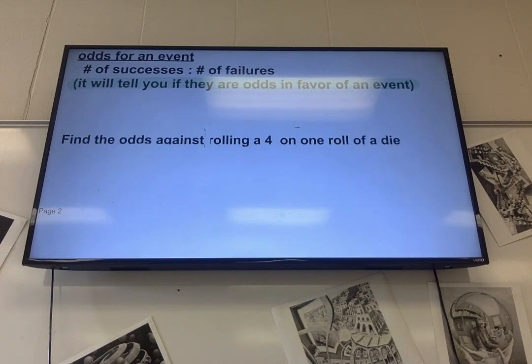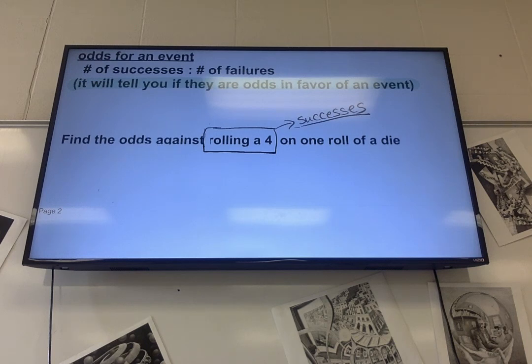So for this problem, find the odds against rolling a 4 on one roll of a die. Whatever it talks about right after it, whether it's against or in favor, in this case the rolling of a 4, those are considered the successes. That's what we're looking for.